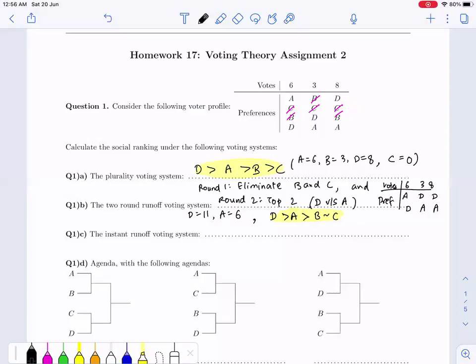Okay. Now let's do instant runoff. So in round one, C is eliminated because it got the least number of top votes. In particular, it got 0 votes. So you redistribute the votes like this.